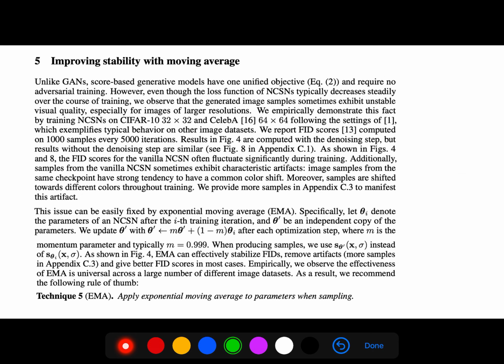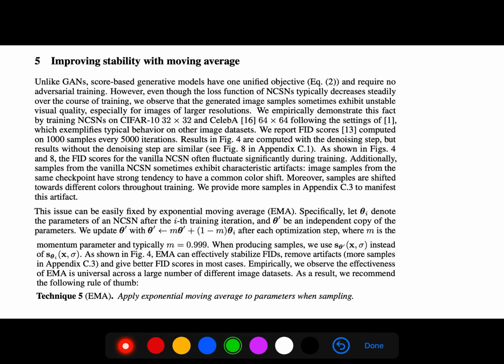So they have some theorems, and because this paper is about improving the performance, here we want to improve stability with moving average. Because unlike GANs, these generative adversarial networks, score-based generative models have one unified objective and require no adversarial training. So it's very exciting.